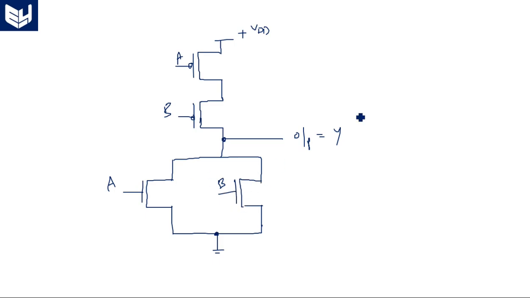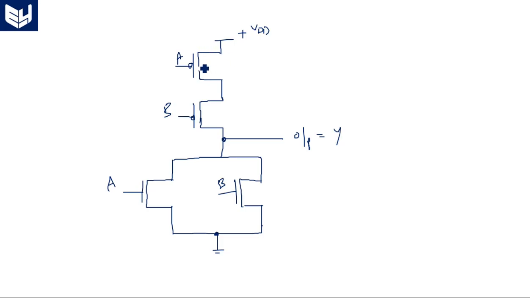Now, when inputs A and B are applied, depending on that, the output realization like (A + B) bar will be evaluated. This circuit is known as the CMOS 2 input NOR gate. Okay, thank you.